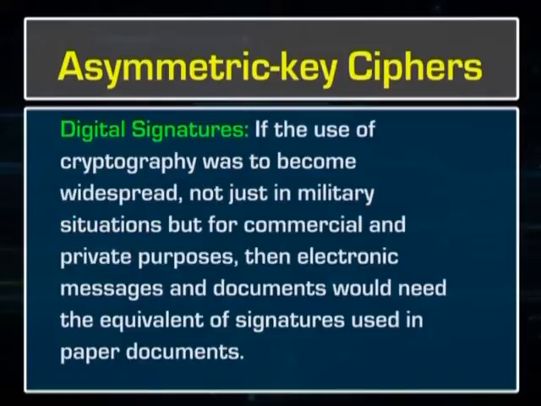If the use of cryptography was to become widespread, not just in military situations but for commercial and private purposes, then electronic messages and documents would need the equivalent of signatures used in paper documents. Now, the question arose, can a method be devised that can authenticate the identity of the sender of a particular message? Public key cryptography works to provide a solution to this problem.